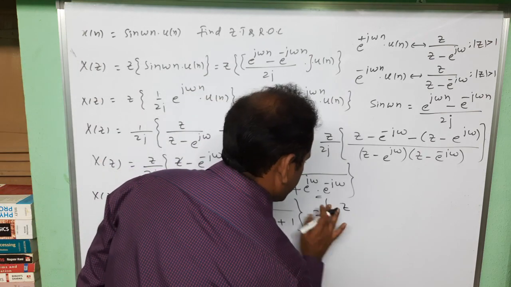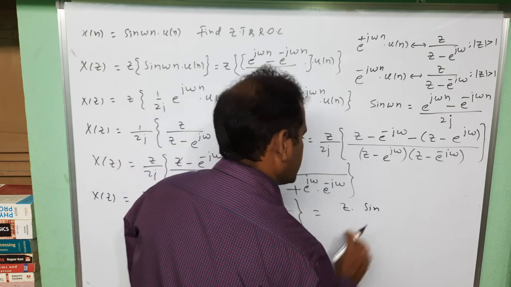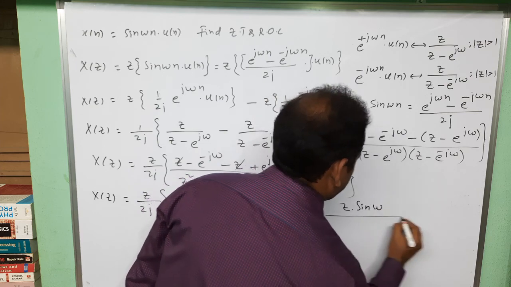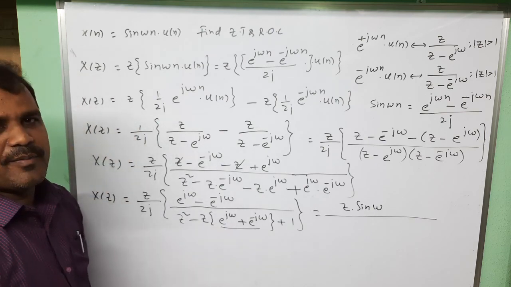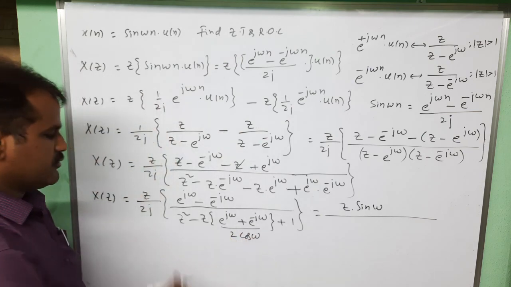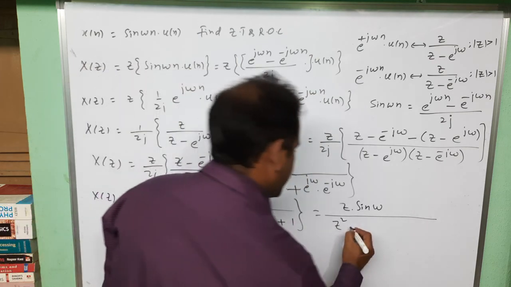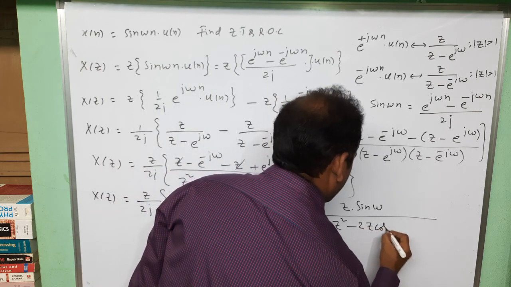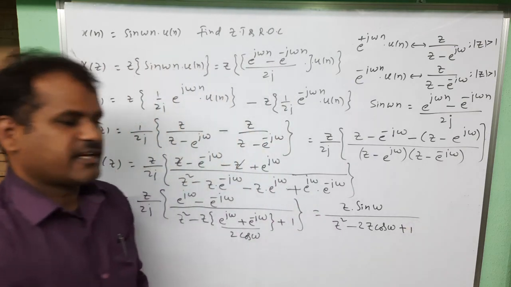So z is there in the numerator, z sin omega divided by, observe this one, e power j omega plus e power minus j omega, we can write it as 2 cos omega. So that the denominator, which is similar to the cos function, z square minus 2z cos omega plus 1.